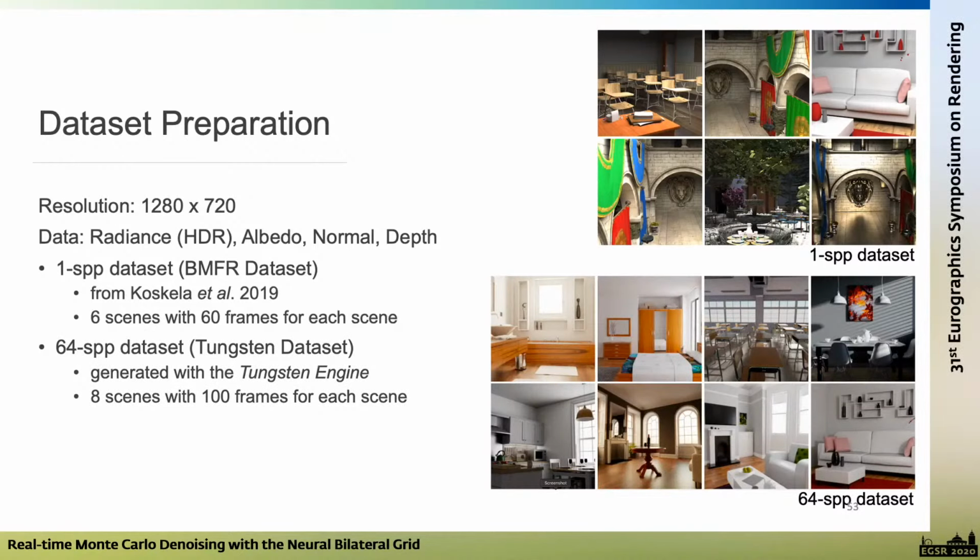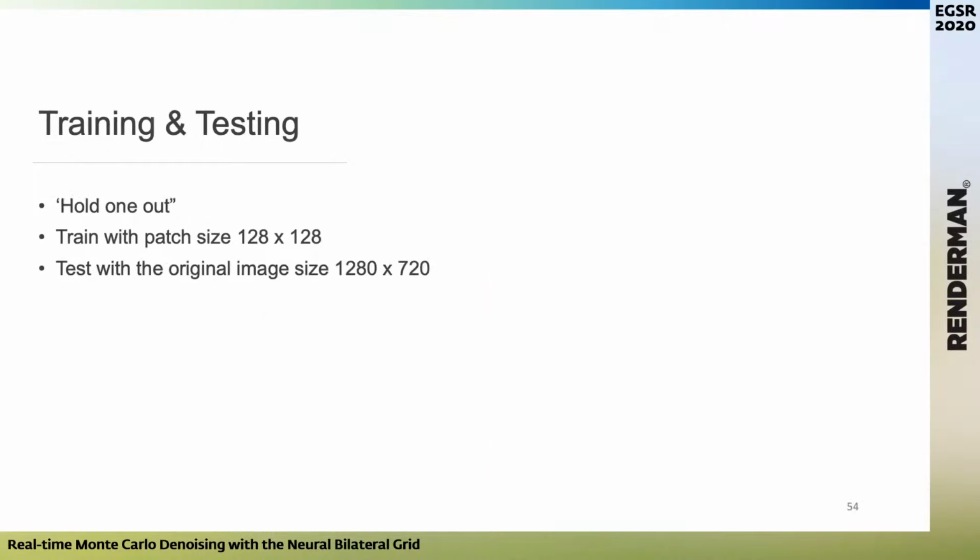In addition, we build a new 64 SPP dataset of publicly available tungsten scenes. Both datasets contain the HDR radiance as well as auxiliary features including albedo, normal, and depth. For both datasets, we hold out frames of one scene as a test set, and we use the remaining images of other scenes for training.